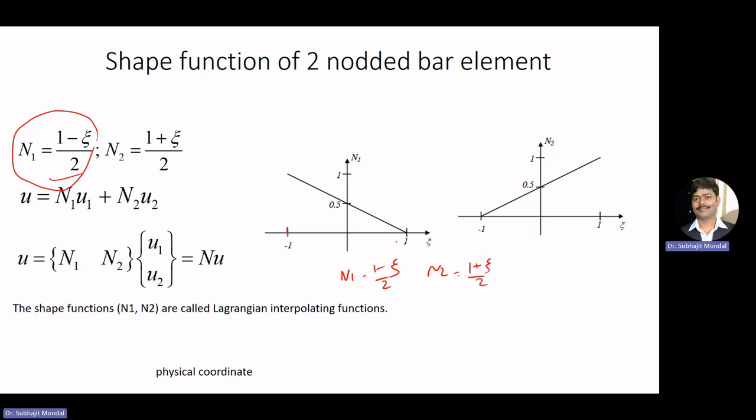Here, natural coordinate system is nothing but a coordinate system in which the dimension of the element varies from minus 1 to 1.